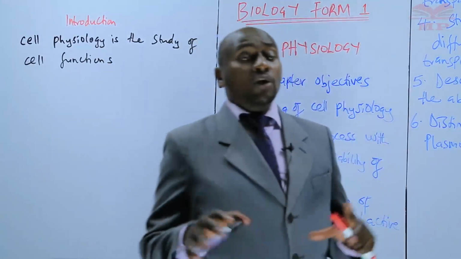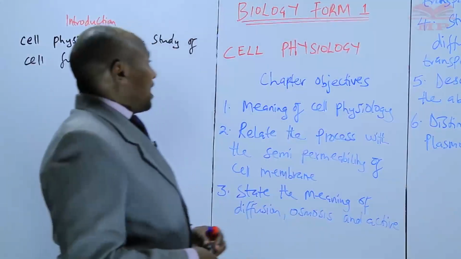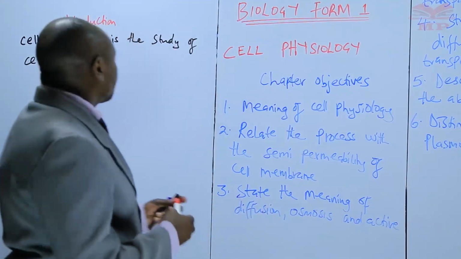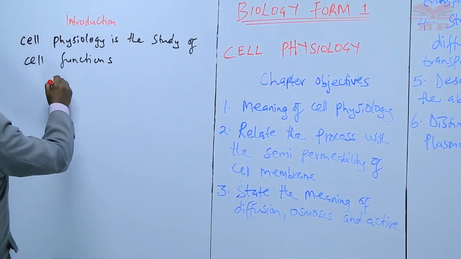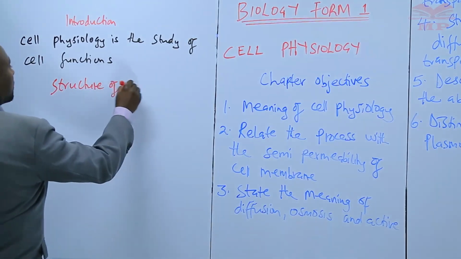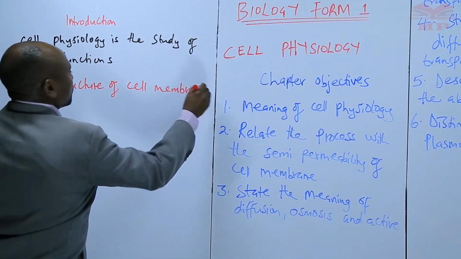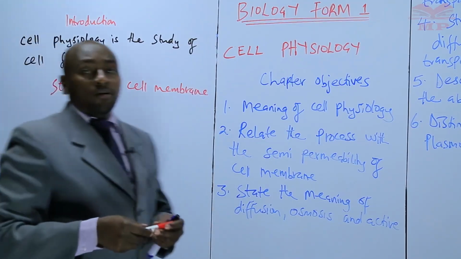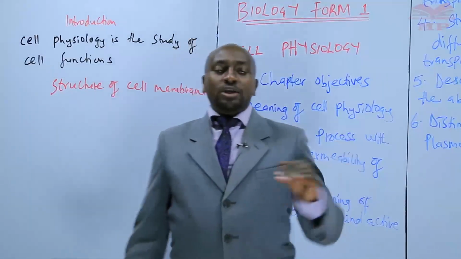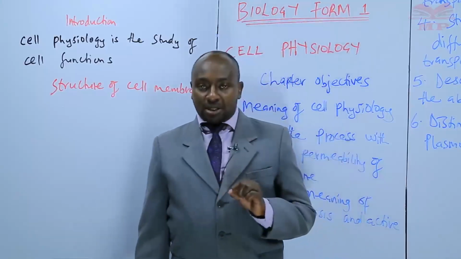Now, a very important aspect of cell physiology that we also need to look at is the structure of the cell membrane, because before something gets into the cell or out of the cell, it has to go through the cell membrane.